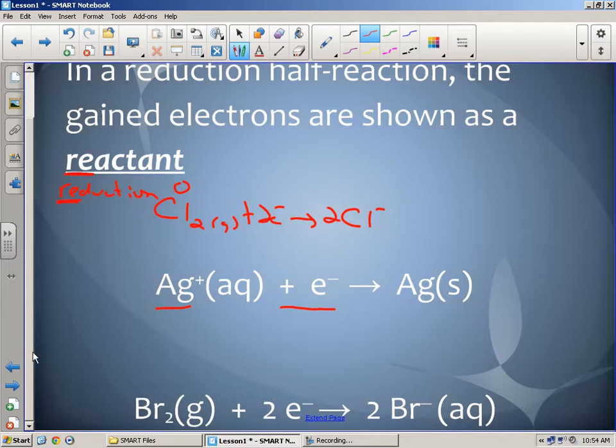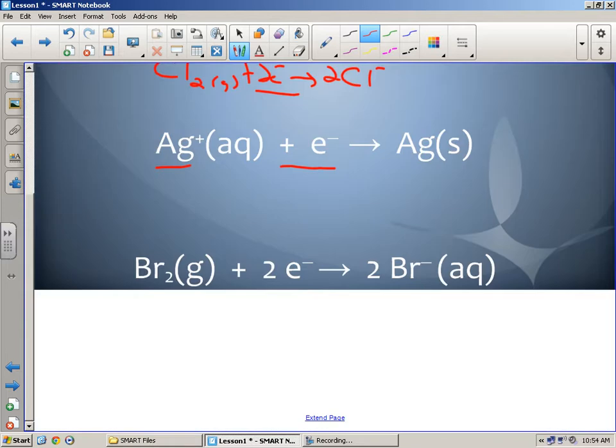So if you're not sure where to put electrons or which type of equation you have, the reduction always has electrons on the reactant side, Re, Re, okay? Reduction's reactant. So you'll see reduction, of course, on the reactant side, and this is also on the reactant side. So it's a reduction.